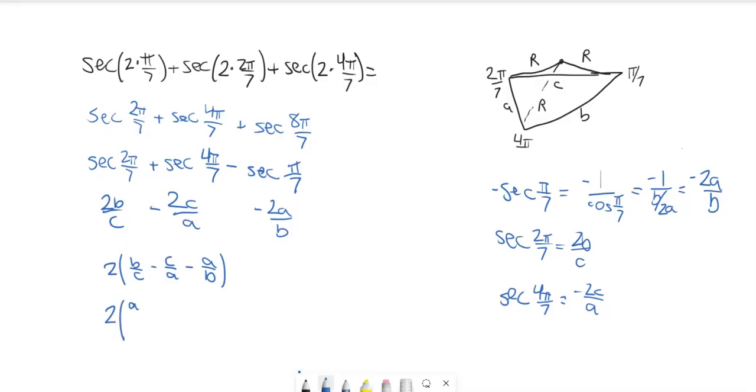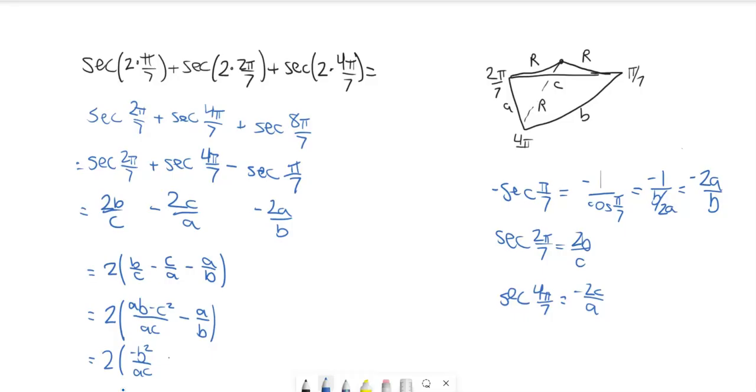So we'll get ab minus c squared over ac, which is the common denominator for the first two fractions, minus a over b. And that part will reduce down to negative b squared over ac.